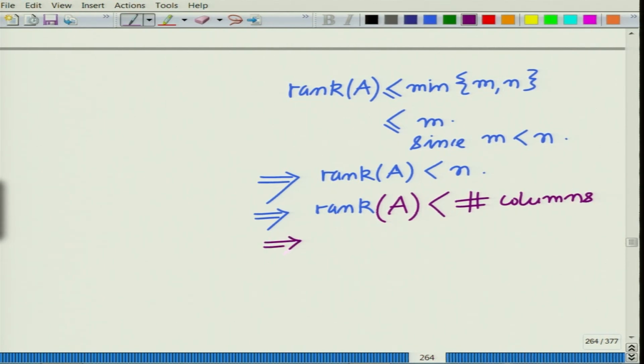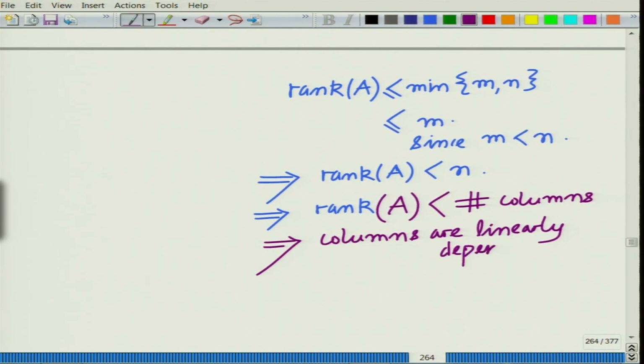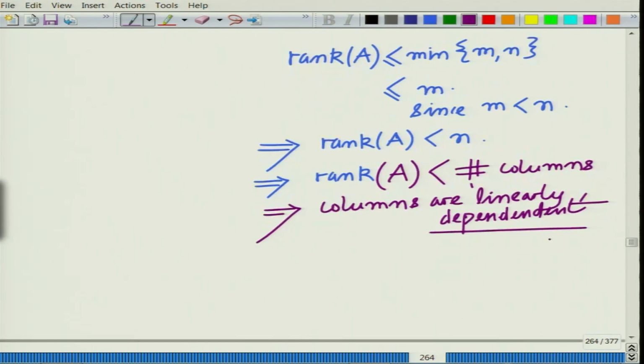So, this implies the columns are linearly dependent or not, implies the columns are linearly dependent. That is, there exists a vector u bar such that A times u bar equal to 0.